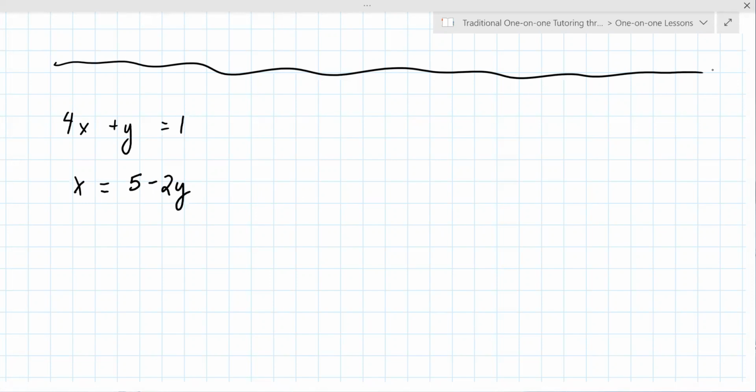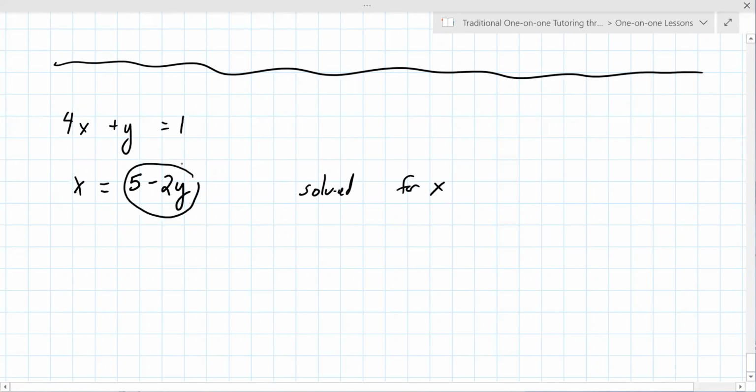But here I see that it's already solved for x. And so I'm immediately like, oh, let's just substitute that in. Let's use substitution, because it's already solved for a variable, x or y.